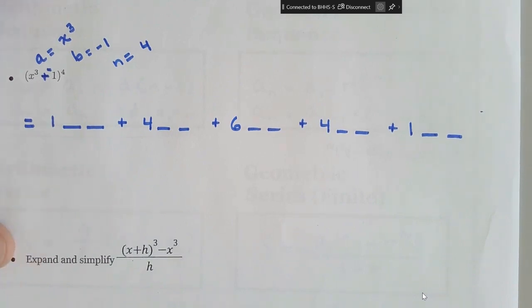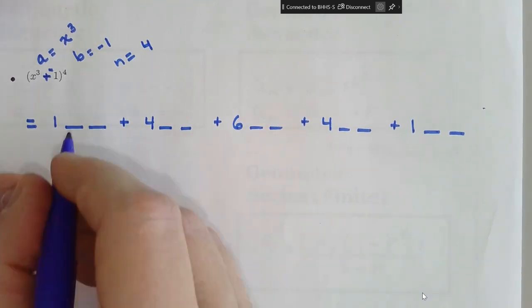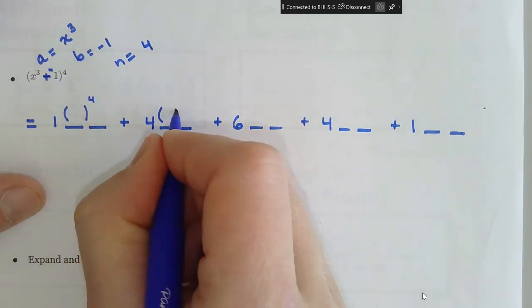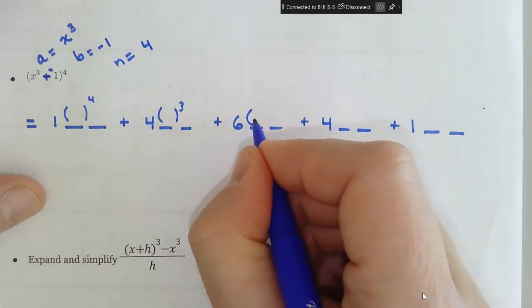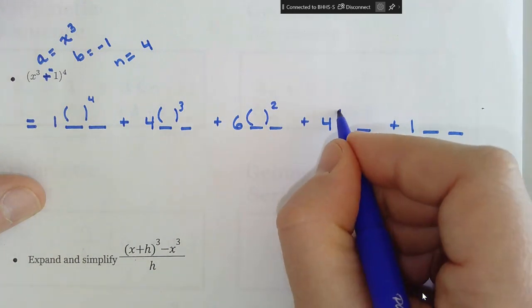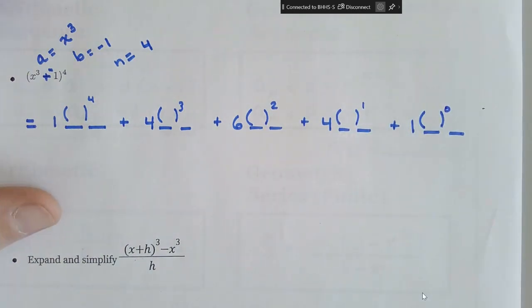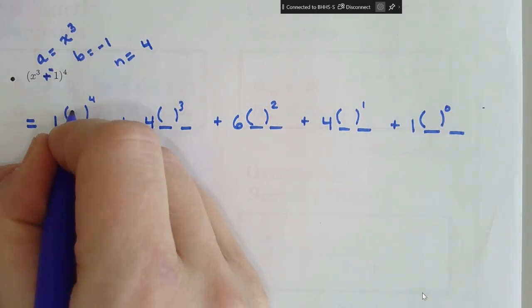I like it. Fourth power, third power, second power, first power, 0 power. And then plug in our x to the third.